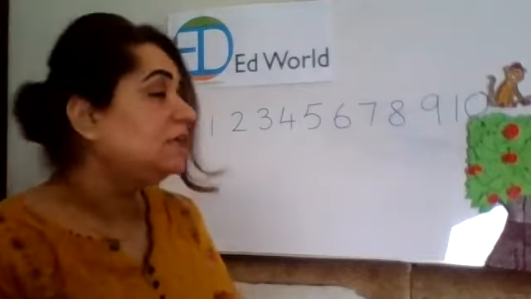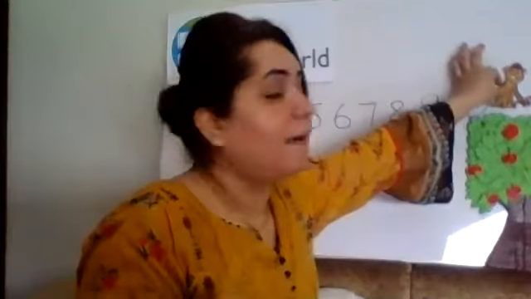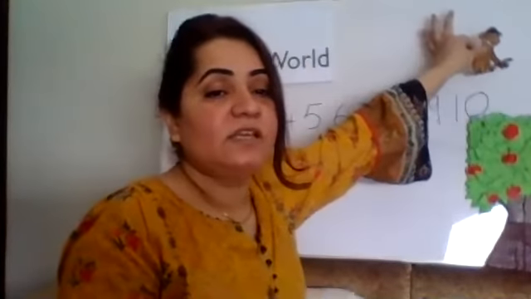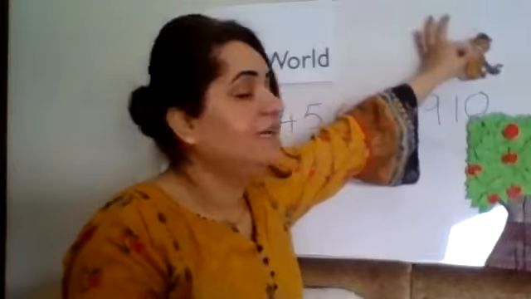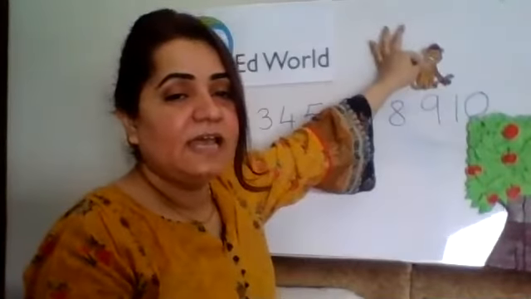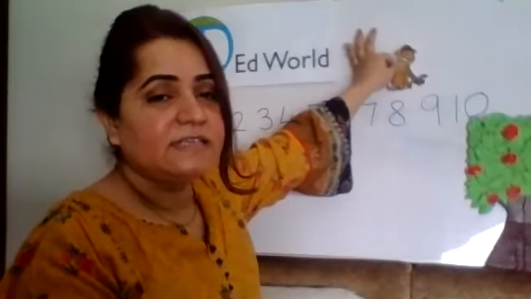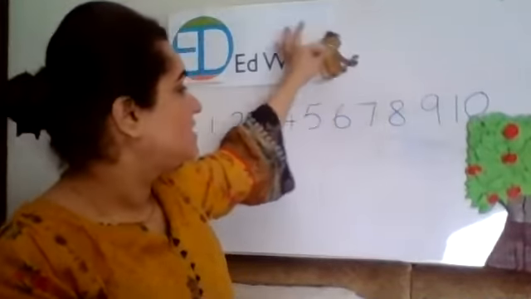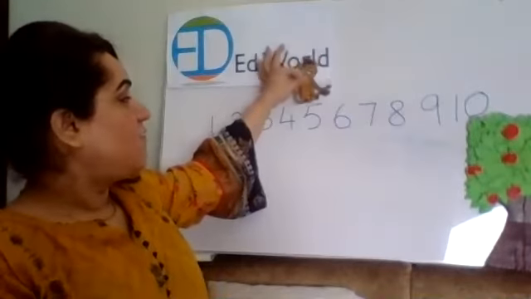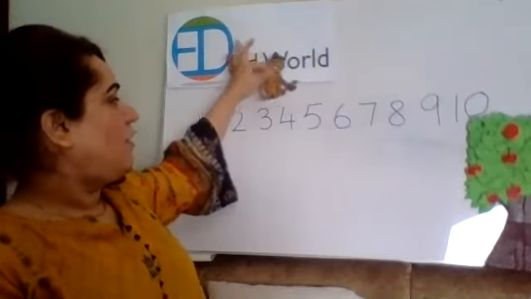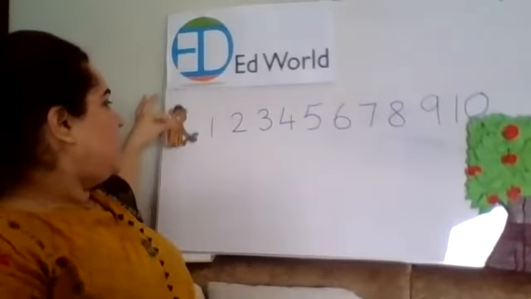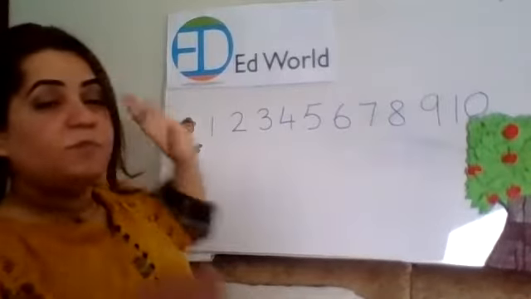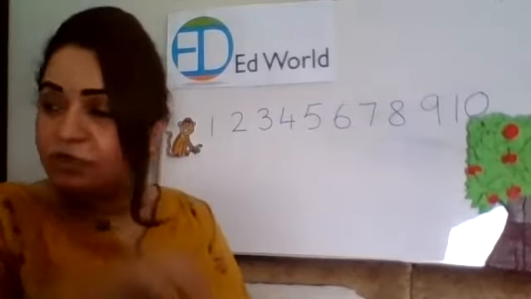Now let's see what he is going to do. So he has to come back in the same way. So he will come 10, 9, 8, 7, 6, 5, 4, 3, 2, 1, and home, right? So what did he do?